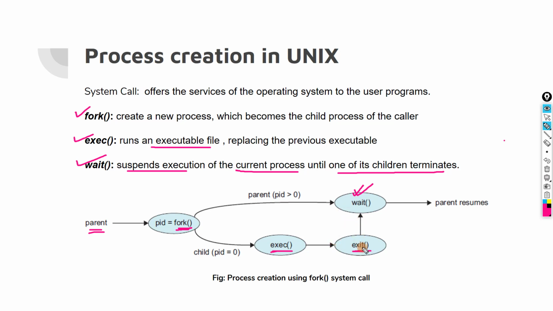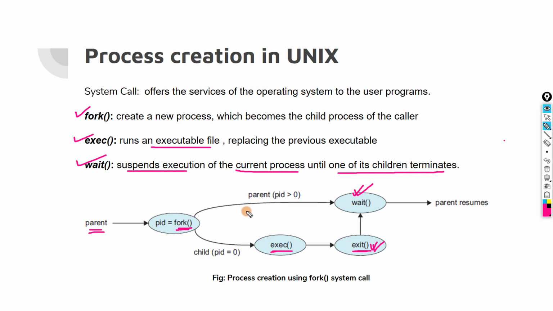So when the child calls the exit system call, I mean it terminates, then the parent process continues or resumes its execution. So in this way the new processes are created in Unix and are executed.